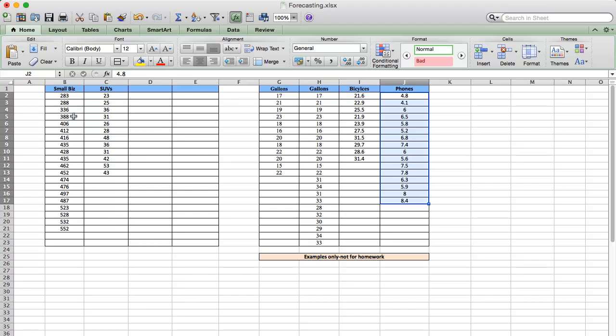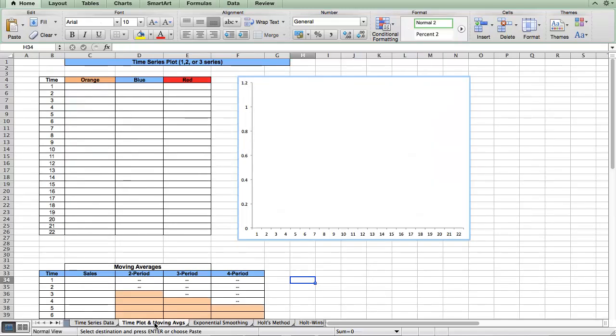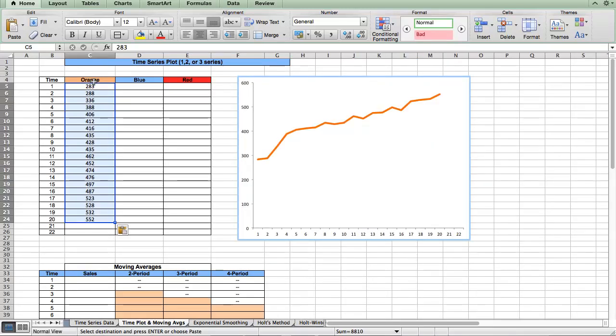So I'm going to look at the small business sales data, and I'm going to begin by studying the pattern using descriptive analytics. And we could see in this pattern a clear upward trend.